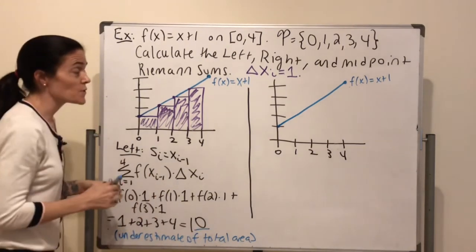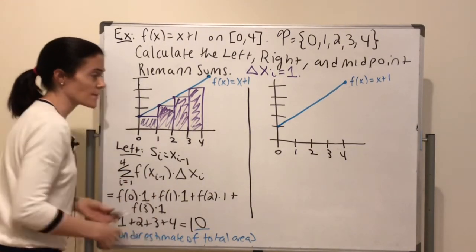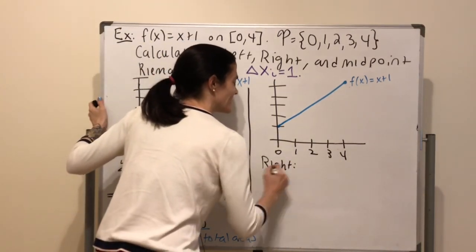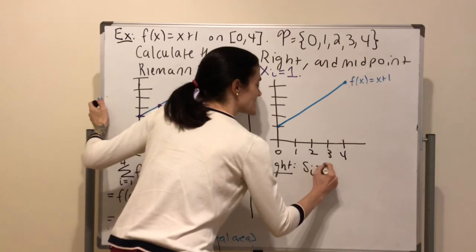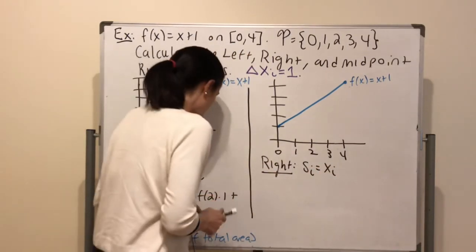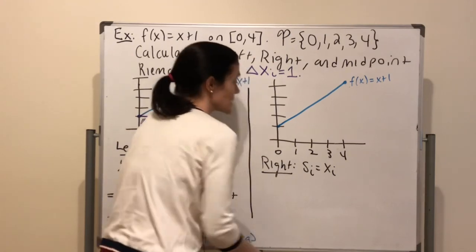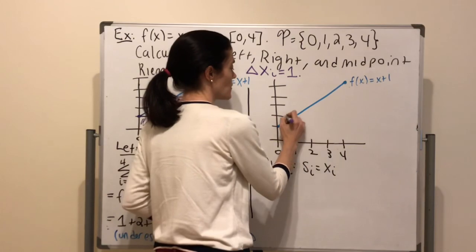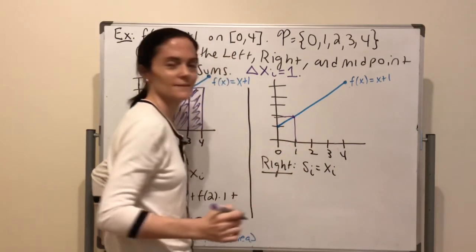Okay, now let's move into the right Riemann sum. And for the right Riemann sum, this Si is the right endpoint of the subinterval xi. And let's draw the rectangles in this case. Well, here would be the right endpoint, like this, right?